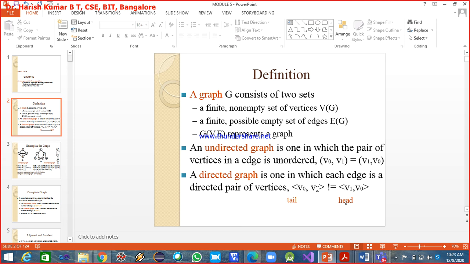Now <v0, v1> means there is a direction from v0 to v1, so the flow will happen from the vertex v0 to v1. But the opposite is not true. Since it is a directed edge, you can only flow from v0 to v1, and movement in the opposite direction, v1 to v0, is not possible. So that is what a directed graph is.